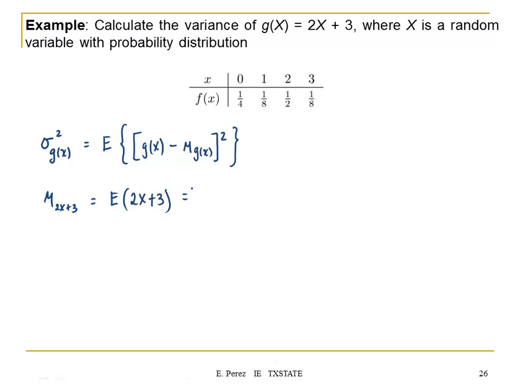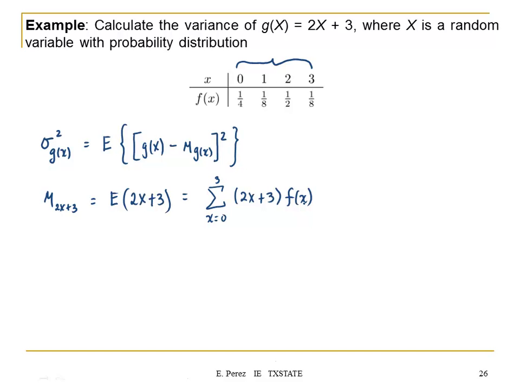So this is equal to the summation from x equals 0 to 3, which are these numbers. We know that we have 4 outcomes for this random variable: 2x plus 3 times the probability.